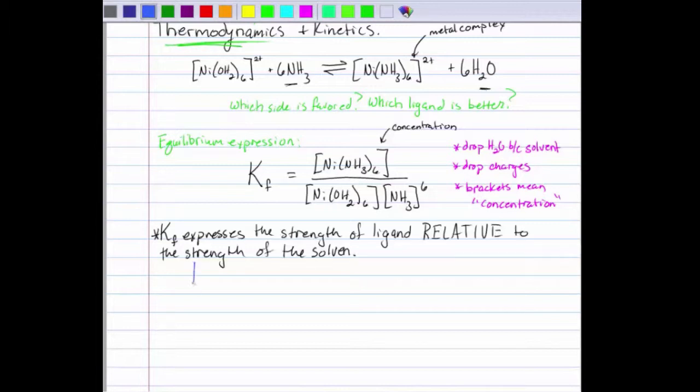When we're talking about KF in water, it's important to also understand that KF depends on what the solvent is, and it also depends on pH.